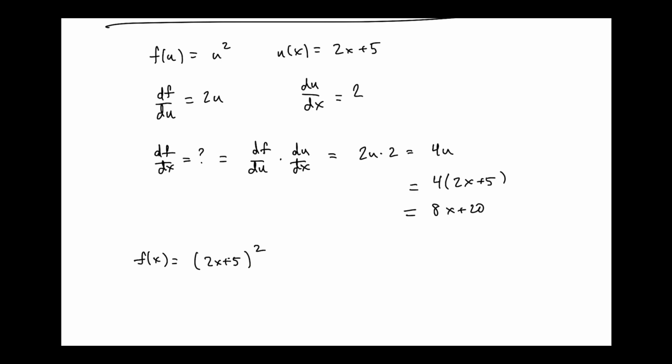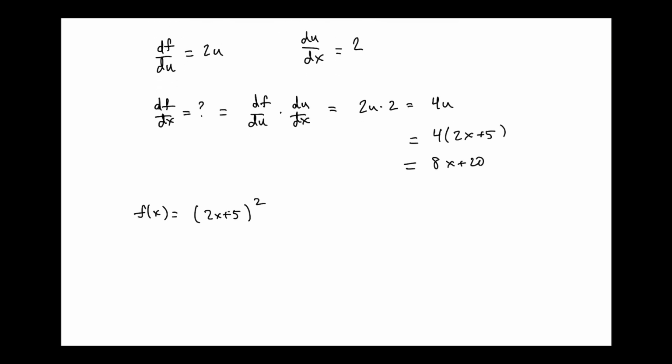That's sort of your idiot check to make sure that everything works out right. So let's just FOIL it and do the derivative that way. So what are we going to get? We get 4x squared plus 20x plus 25, right? And then if I took the derivative of that, I do in fact get 8x plus 20. Okay, so it worked.